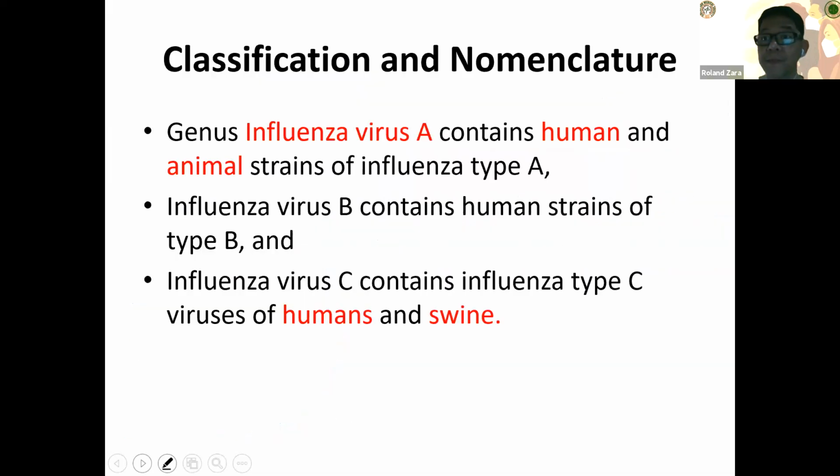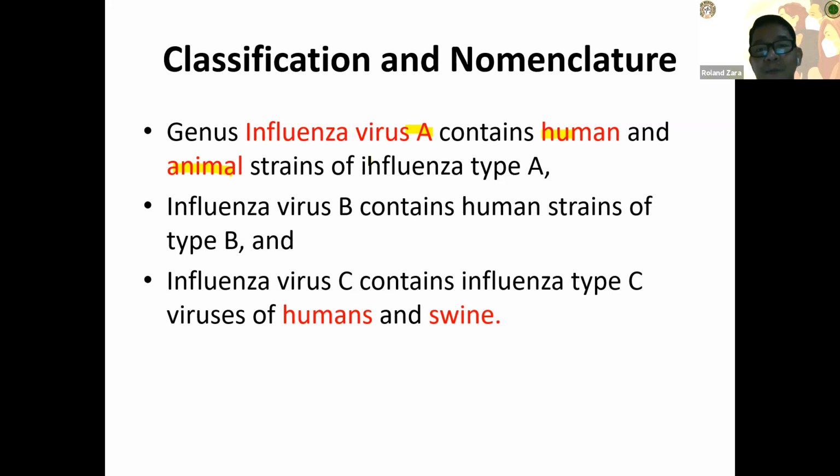Okay. Now, in terms of classification and nomenclature, your influenza A contains human and animal strains. So it can be pigs, swine, ducks, or avian animals. Okay, it may reassort doon sa humans.